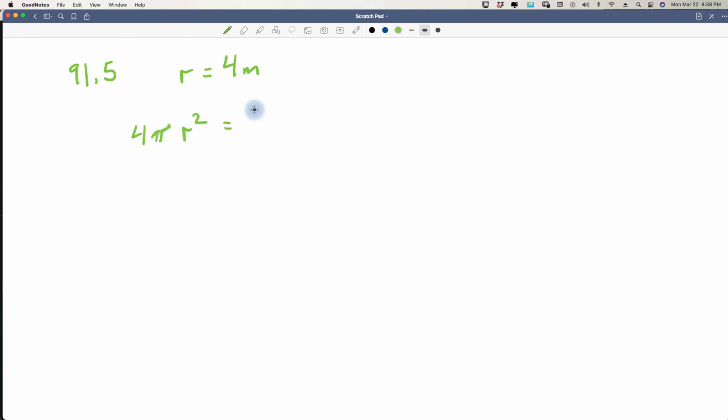So that equals 4 pi times 4 meters times 4 meters. Right? So 4 times 4 pi times 16 meters square, right?